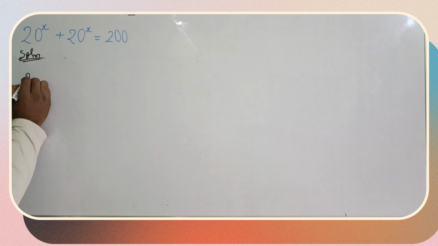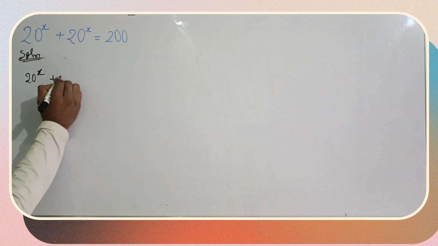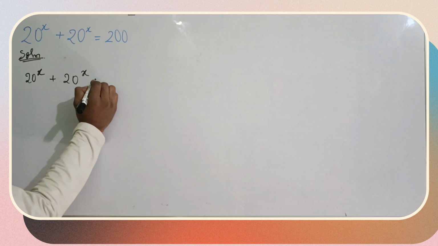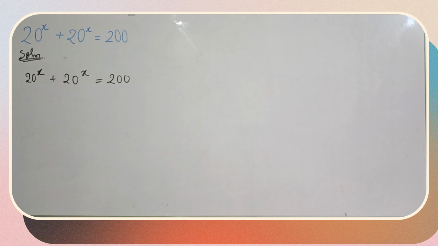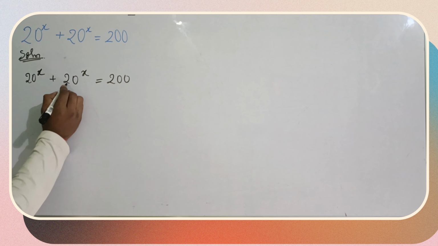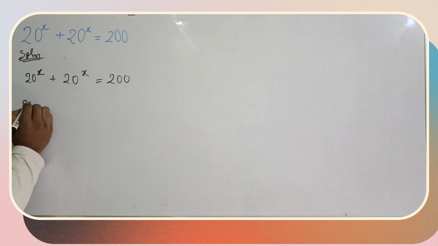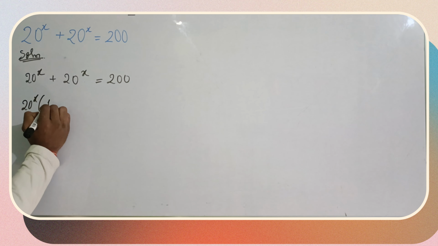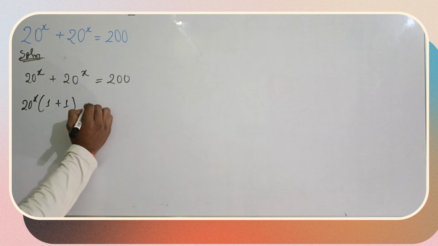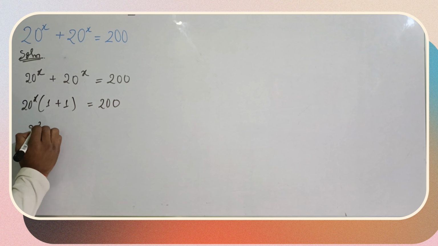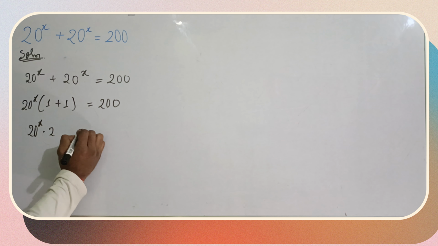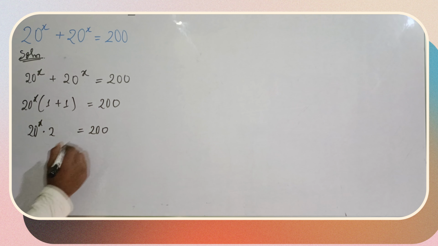So 20 raised to the power x plus 20 raised to the power x equals 200. Now taking 20 raised to the power x common, we get 20 raised to the power x times (1 plus 1) is equal to 200, or 20 raised to the power x times 2 equals 200.